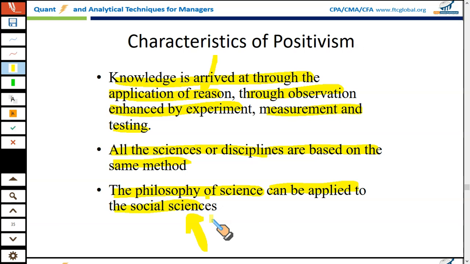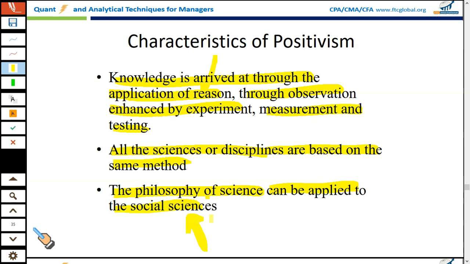So it says the principles we use in natural sciences like chemistry, biology, physics should also be used in social sciences like sociology, psychology. So this approach is based on the belief that social phenomena, just like natural phenomena, can be observed, can be measured, and understood scientifically.